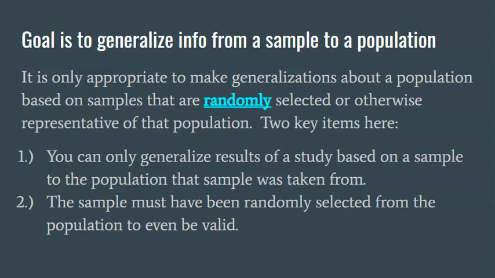I want to make sure my sample comes from that forest. And I don't want to just take the first couple oak trees I find, because that's not random. I want to select a random sample of oak trees from that forest. And only then can I apply what I've learned to all oak trees in that forest. And it was because my sample came from that population and because it was random.